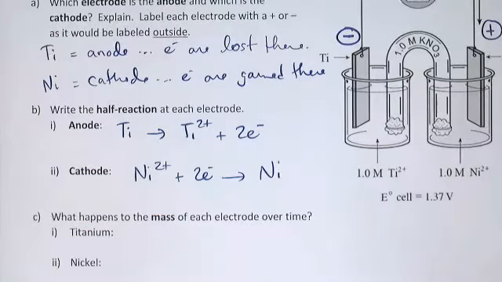What's happening to the mass of each electrode? Okay, so don't overthink that. If the electrode's a solid and it's a reactant, then it's getting used up, isn't it? The mass would go down. If the solid is a product, then it's being produced. It's going to increase in mass. So which one of the two metals is the reactant and which one's the product?